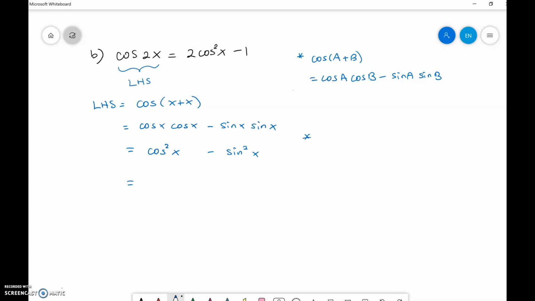So the second identity I'm going to use is sine squared x plus cosine squared x equals 1, which means sine squared x equals 1 minus cosine squared x.